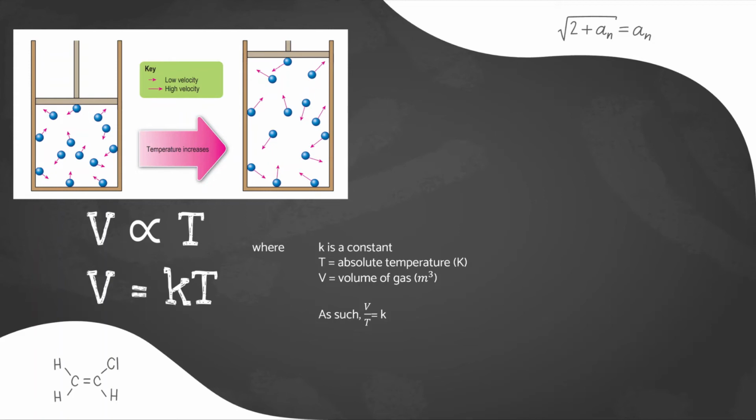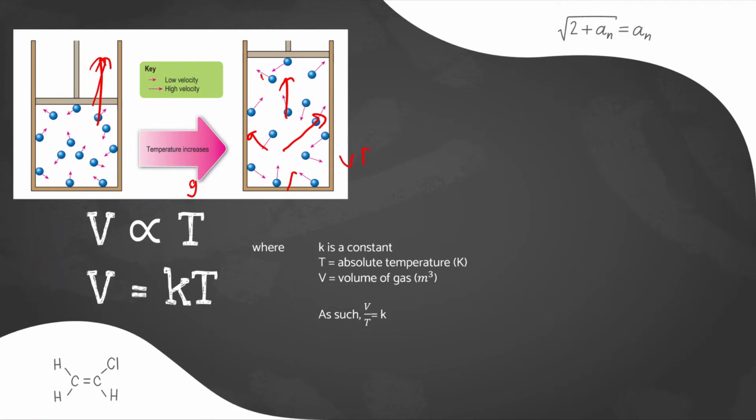But what happens when we keep the pressure the same and allow the gas to move? When temperature increases, all these gas molecules will have more kinetic energy, right? So they will move faster. When they move faster, they will push this piston upward, which at the same time causes the volume to increase.